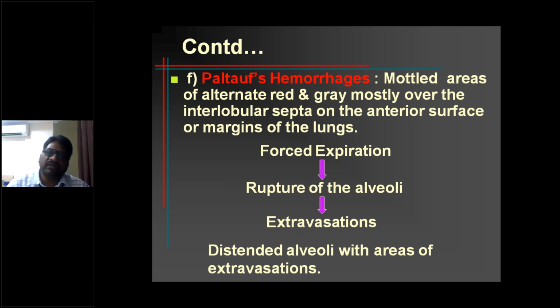Because of forced expiration to expel the water during drowning, it may lead to rupture of the alveoli, extravasation and formation of pulmonary hemorrhages. We can observe this in a case of drowning. And distended alveoli with areas of extravasation, you can observe on the section.